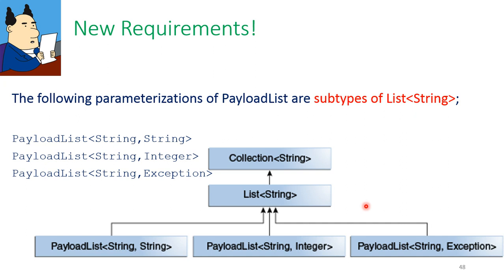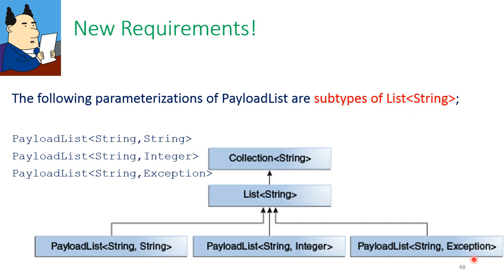We are considering three different PayloadList generic types: PayloadList of String and String, PayloadList of String and Integer, and PayloadList of String and Exception. Exception is a class, so we can very well have an object of class Exception passed as data type here.